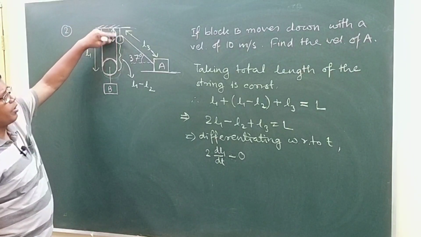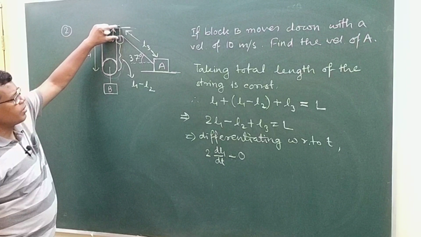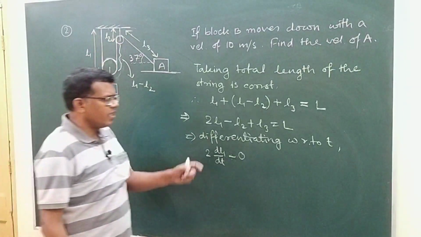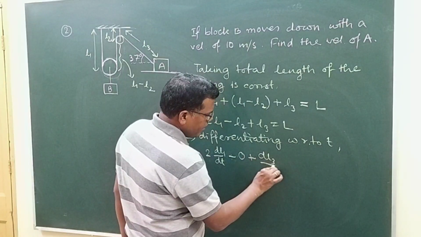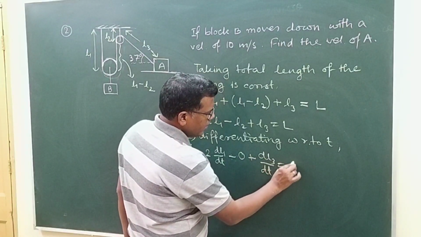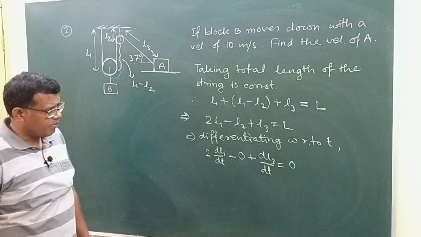This pulley is fixed with the support, so L2 is not going to change, and its derivative must be 0, plus dL3/dt, that must be equal to 0. Total length is constant, so its derivative must come to 0.